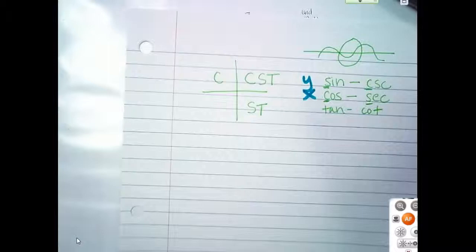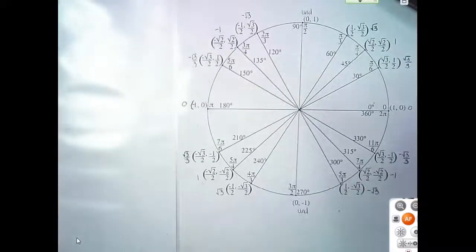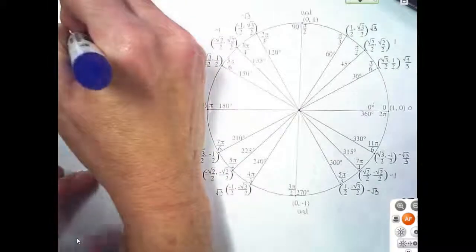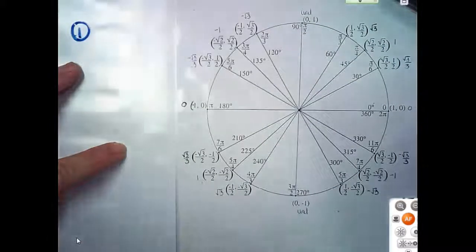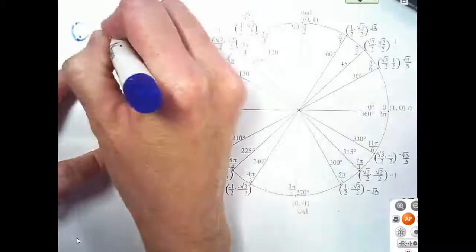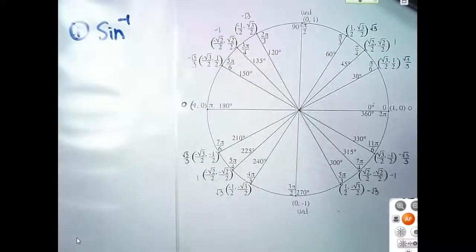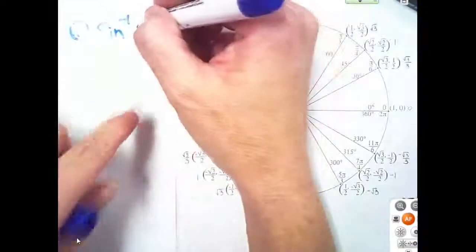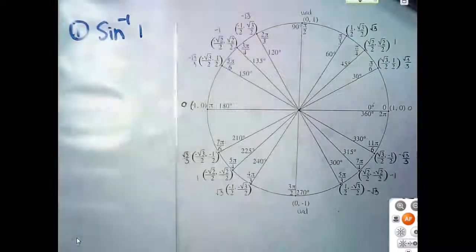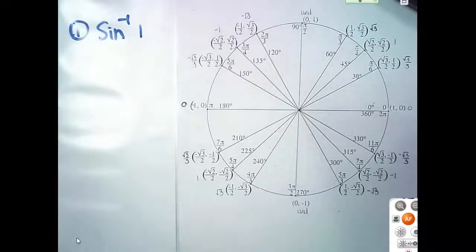What we're going to do is try some problems that are harder than yesterday. We're going to start easy and get harder. Start with number 1. The inverse of sine, notice it starts with a capital S. We know it has restrictions. We start easy. That's what we did yesterday. Use your purple unit circle and find the inverse of sine of 1. Sine is y.